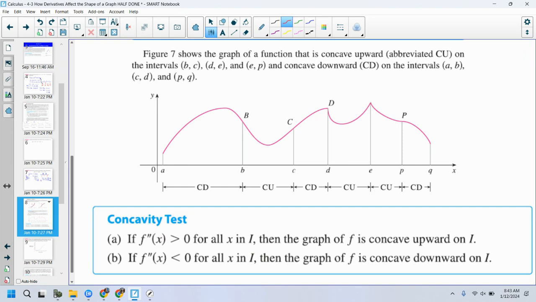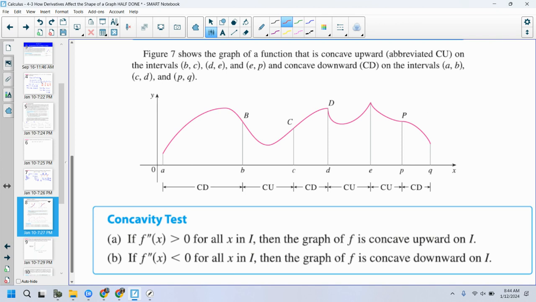The increase-decrease test. If the first derivative came out positive, that must mean that the original function was increasing. If the first derivative came out negative, that must mean the original function was decreasing. If the second derivative comes out positive, that means it's concave upward. If the second derivative comes out negative, that means it's concave downward.